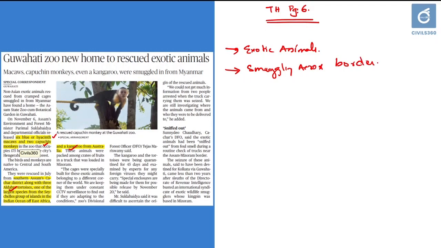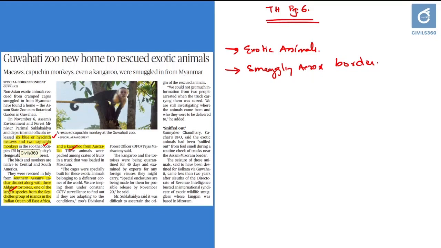These things should be noted: macaws, capuchin monkeys, kangaroo, their locations and what their specialties are. Do not go into detail. Just check whether these animals are present in India, and also identify that there is an issue of smuggling of exotic animals across the border. That should also be understood.